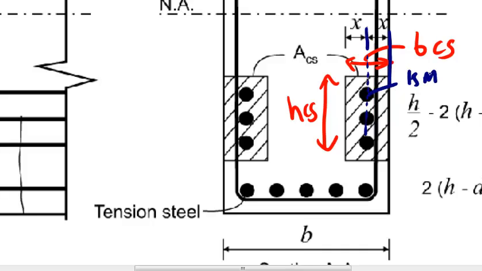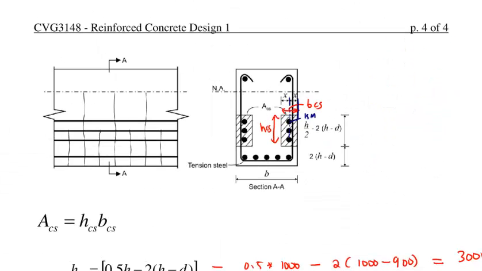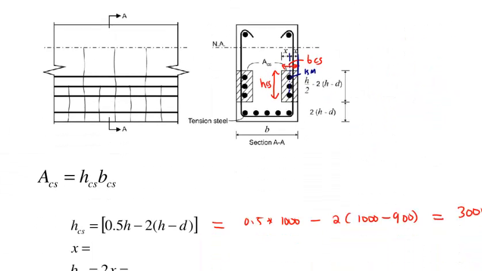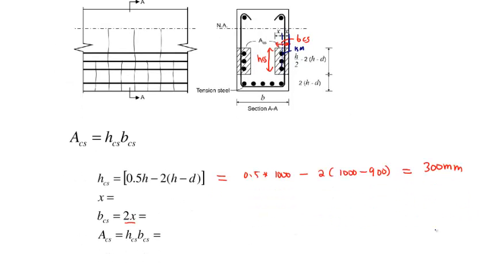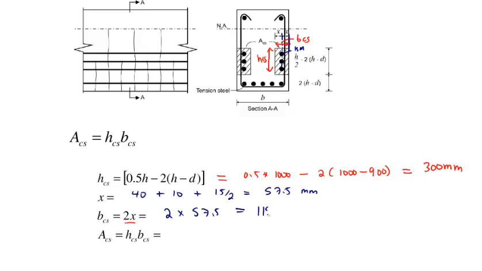So let's say we're using 15 M bars. Let's determine what this would be. In this case, your X would just be 40 millimeters, that's your cover, plus 10 M stirrups, plus half a 15 M bar. That would give me 57.5 millimeters. I have two of these to get BCS, so that's just 2 times 57.5, that's 115 millimeters.